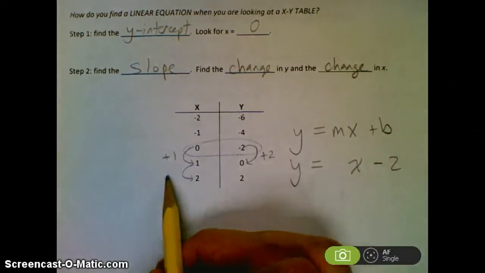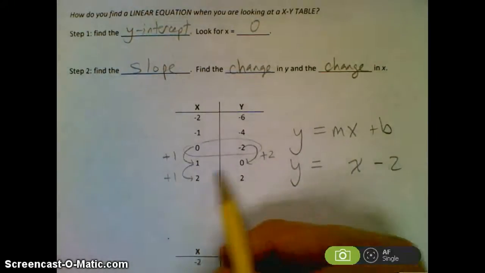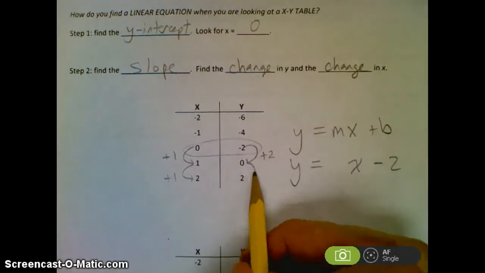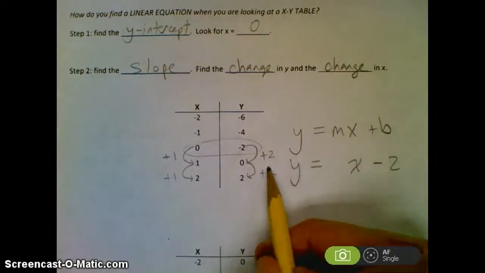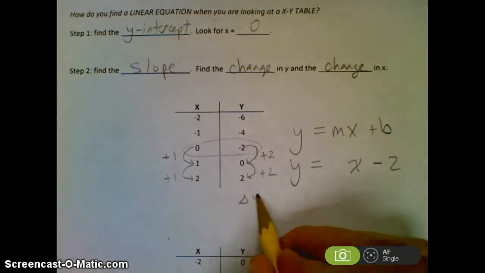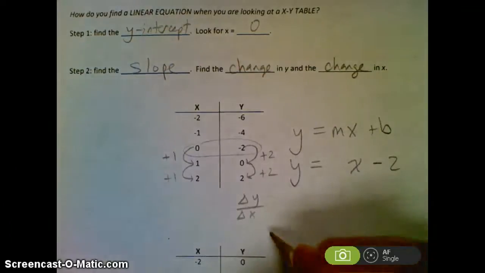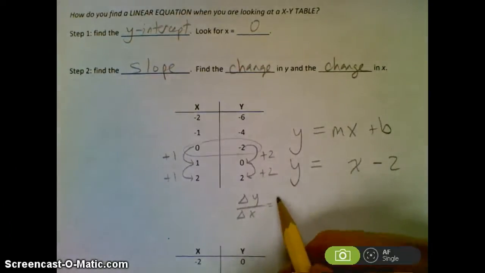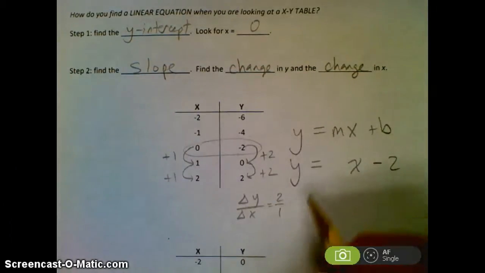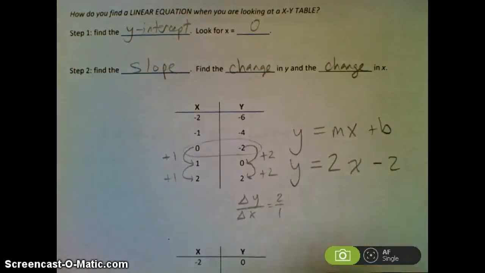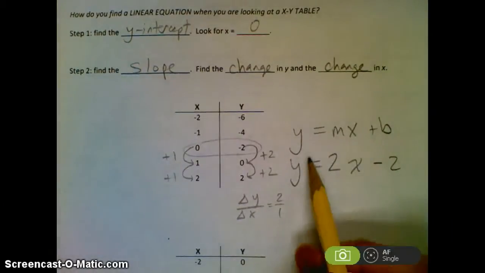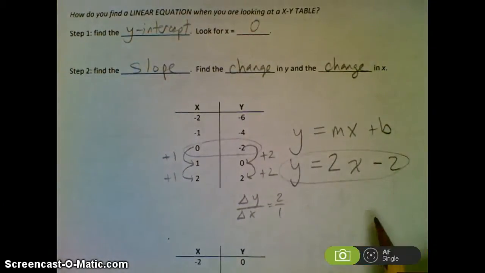Same here, x changes by +1, 1 to 2. When x changes by 1, y changes by 2. So the slope is the change in y over the change in x, and that is 2 over 1, or 2. So our answer is y equals 2x minus 2.